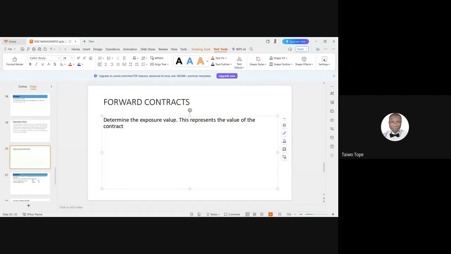You must also be able to identify the contract period. The question will tell you, for example, a 2-month forward contract. These are things you look out for in questions.